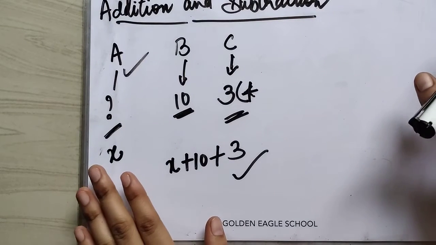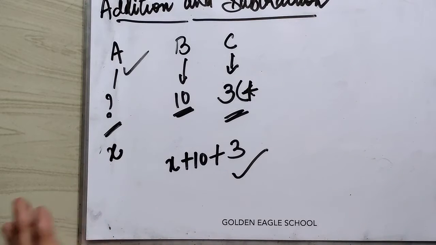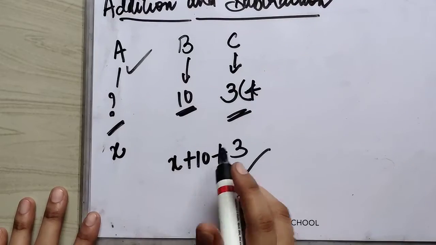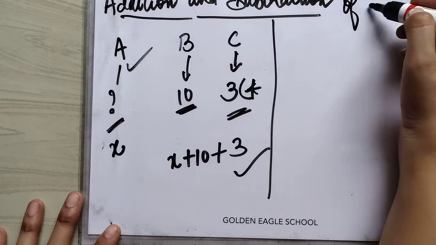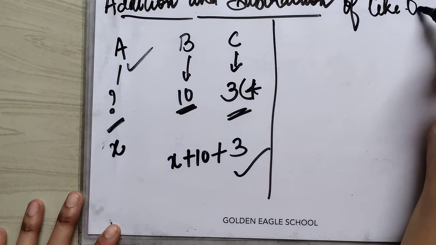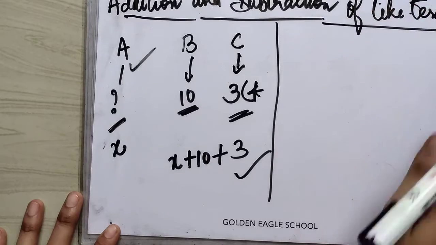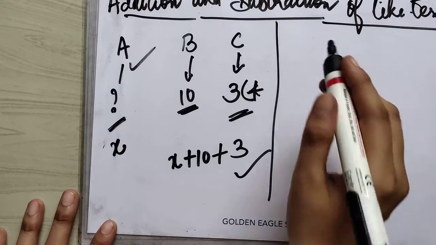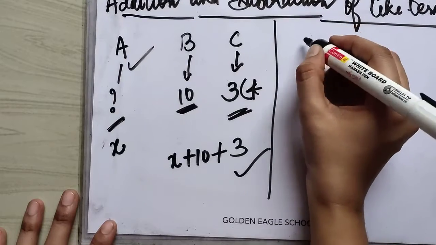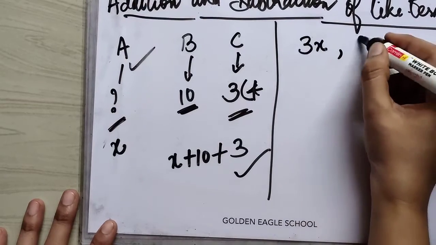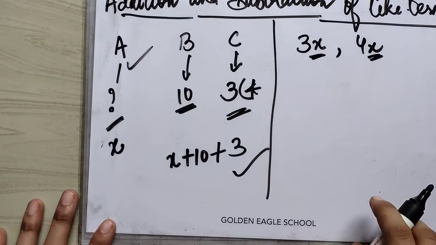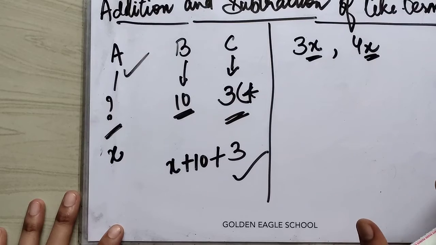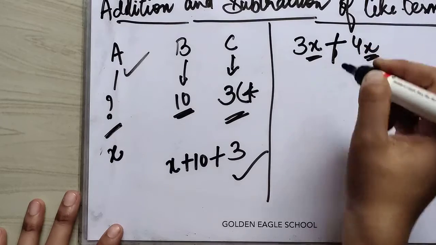Okay, now we are going to take some examples and we'll study how we are going to do these types of questions. For example, if we have to do addition and subtraction of like terms, how are we going to do it? Like terms, we all know what are like terms. If there are the same algebraic factors like 3x and 4x, they are like terms because they have just x, so we can directly add them.